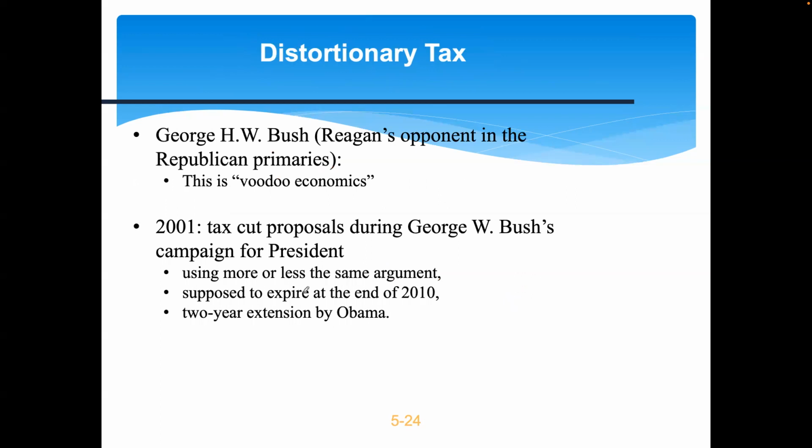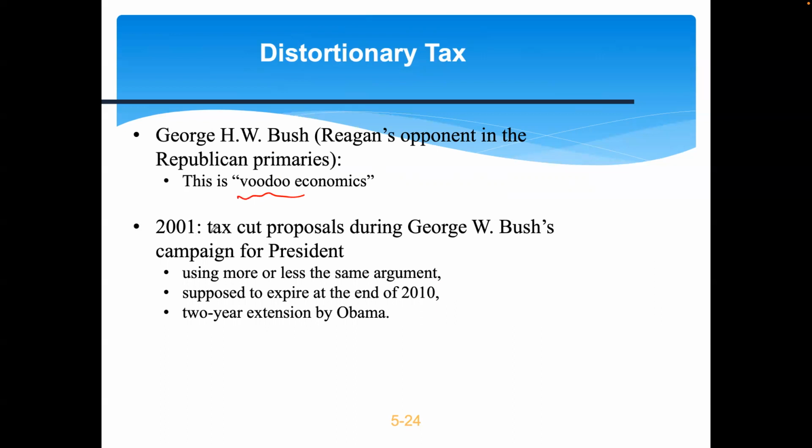And then later, this idea was disputed by other presidents, like President Bush, the first president, the old Bush, and he called Reagan's policy voodoo economics.